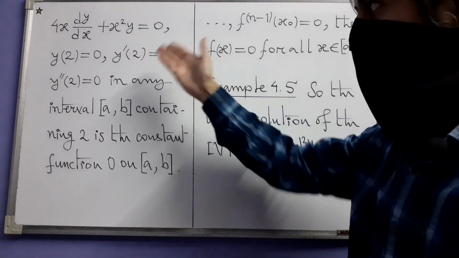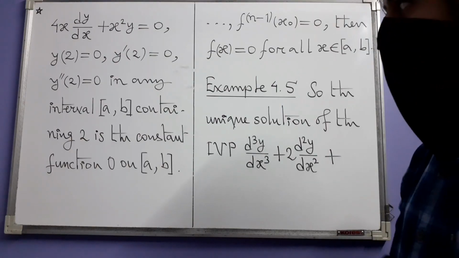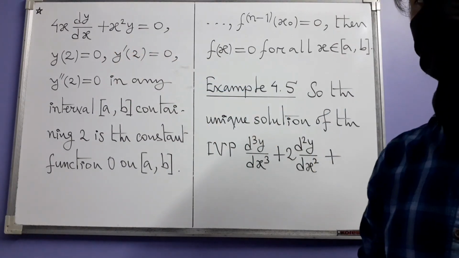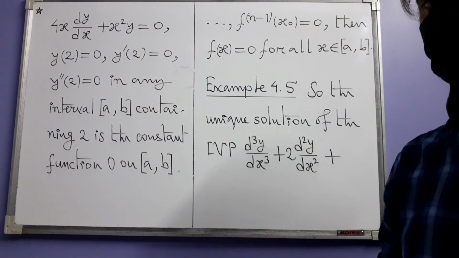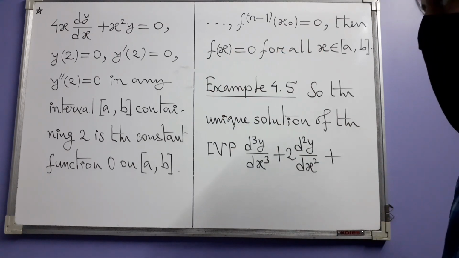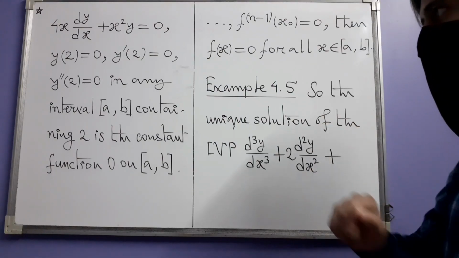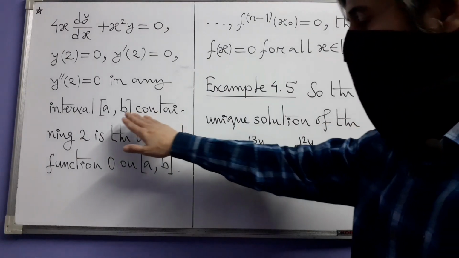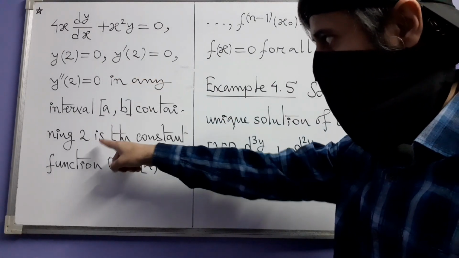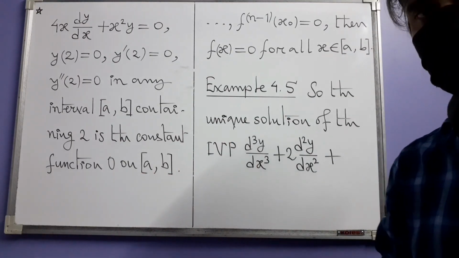And these are the initial conditions. At the input 2, all the values should be 0. So everything matches with what we have in the corollary. So that is why the unique solution of this IVP in any interval which contains that 2 is the constant function 0 on that interval.